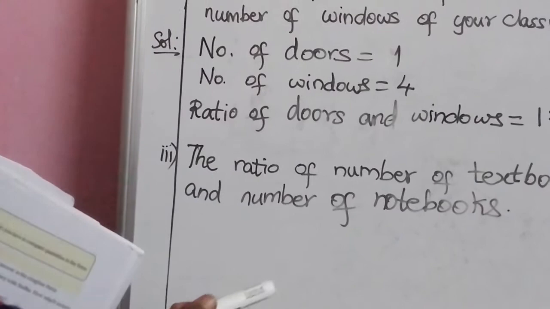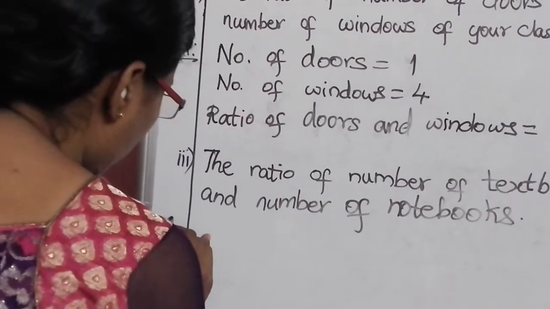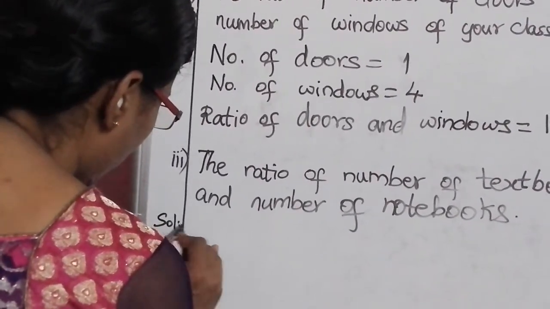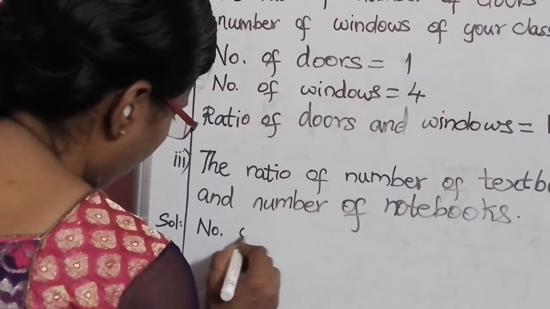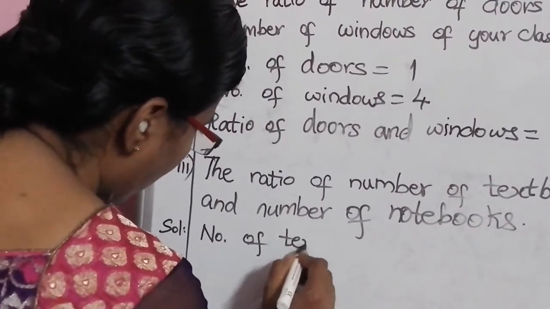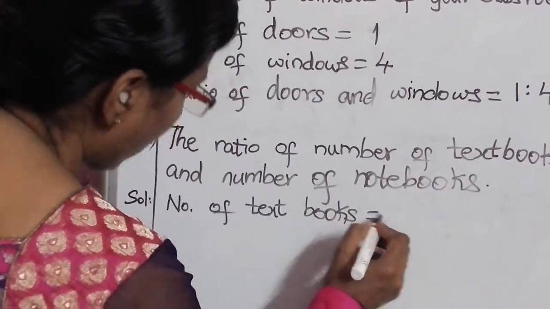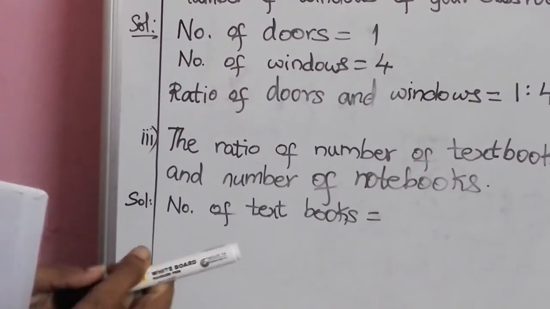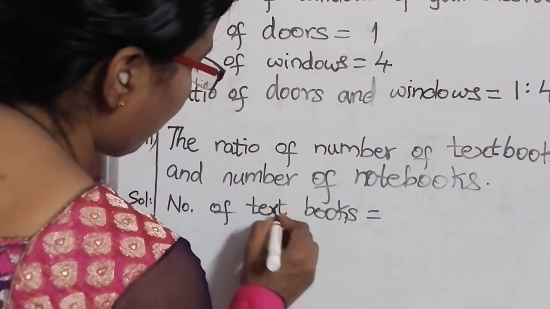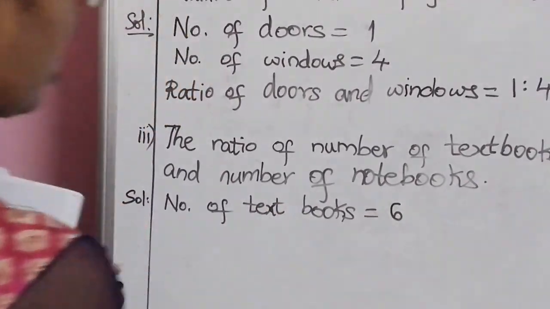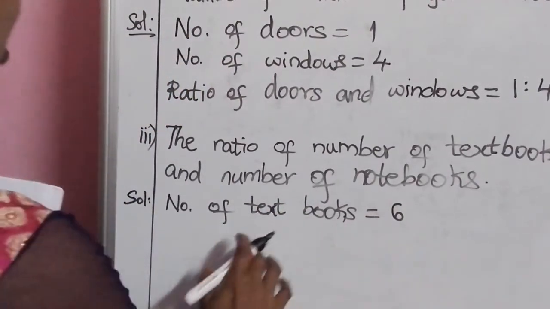Okay, let us solve now. Number of textbooks. How many textbooks are there for you? You have 6 subjects. So 6 main subjects. So 6 is the number of textbooks.